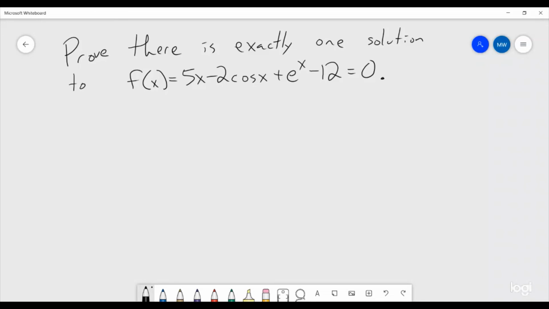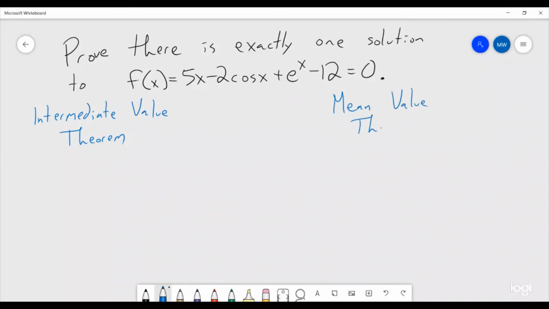Now, to prove that there's exactly one solution, we're going to need to use a couple different things. One is we're going to need the intermediate value theorem. Remember this? It's a little bit of a throwback, right? So intermediate value theorem. And then the other one is going to be the mean value theorem. We're going to need to use both of these.